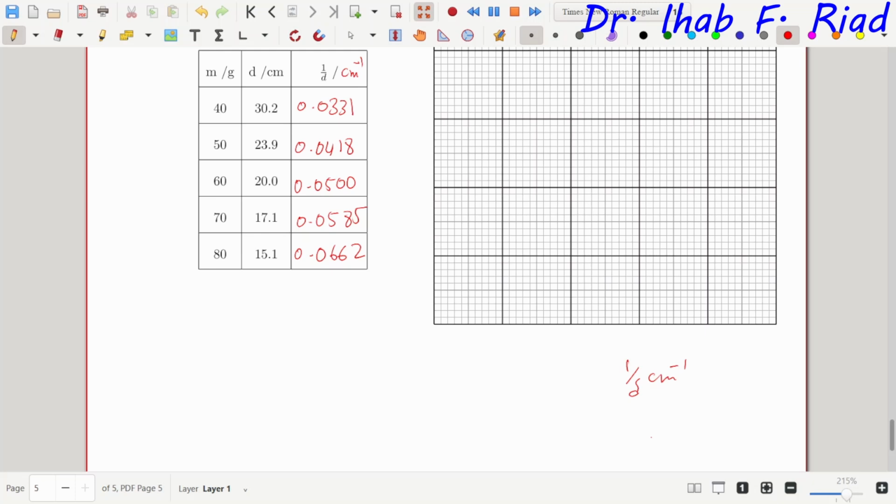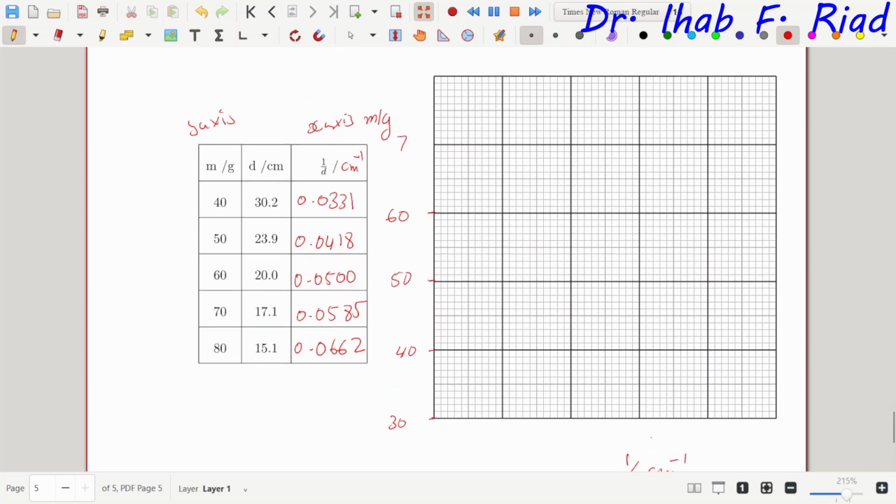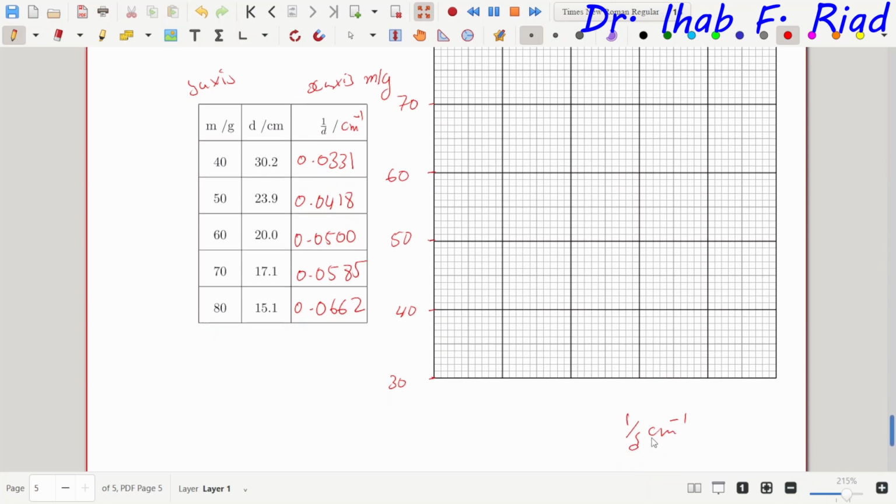Okay, so it's not a good choice. What we are going to do on the y-axis, we are going to start from 30, 40, 50, 60, 70, and 80. Okay, this for the y-axis.